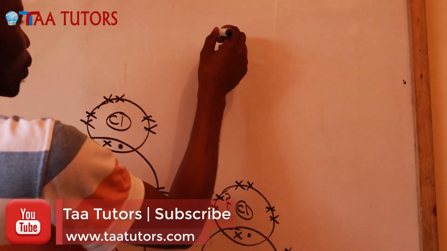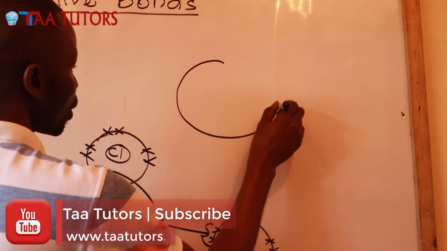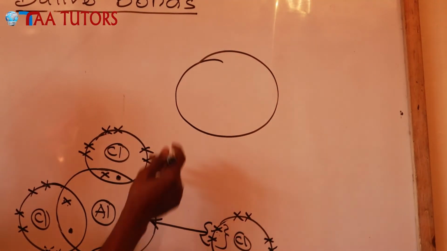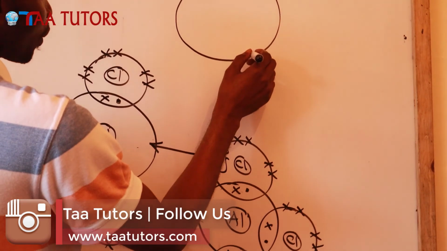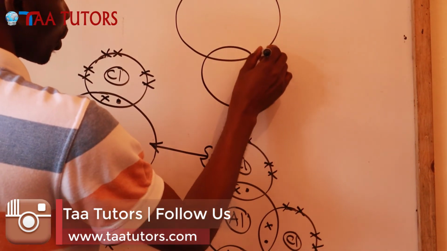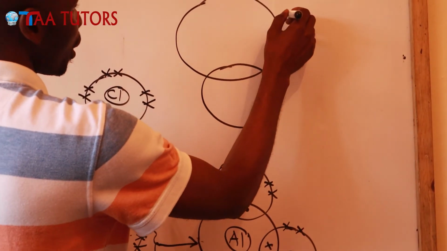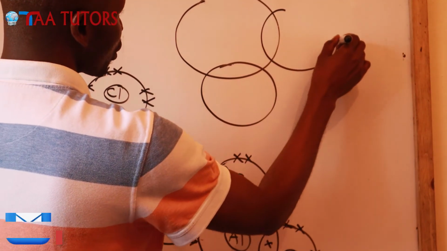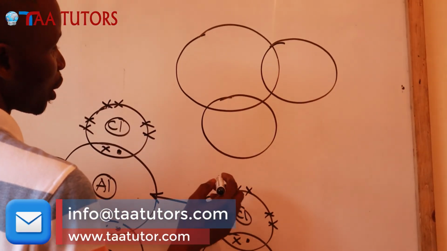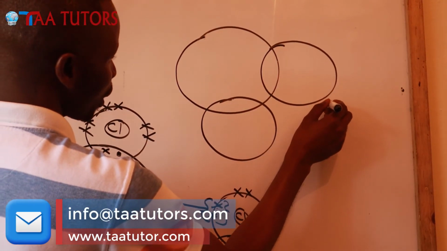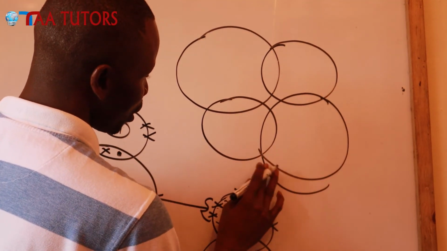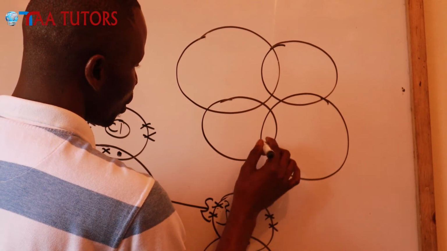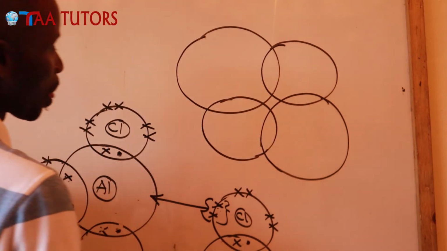I want to draw aluminum here, and I'm copying what we have here by just trying to bring this one closer to each other. So I will have a chlorine atom here and another chlorine atom there. So that chlorine atom will link with 1 aluminum atom there, 1 aluminum atom there.